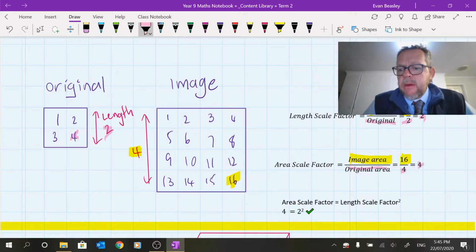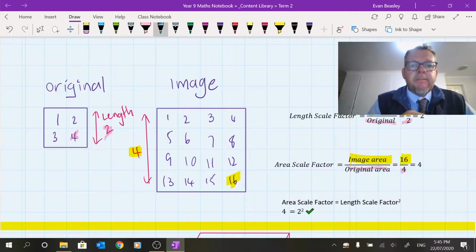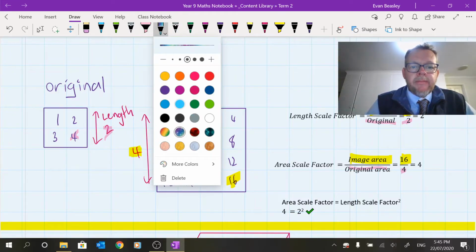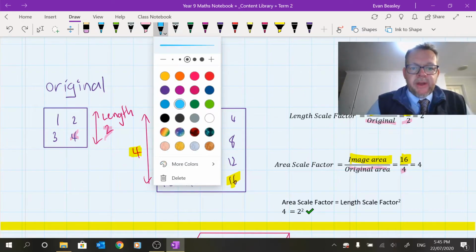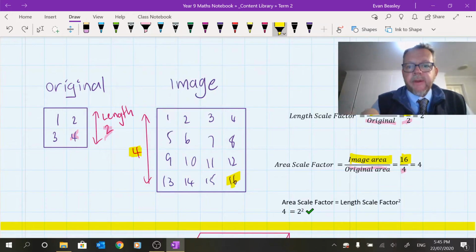Now our area scale factor is what? 16 divided by 4. My area scale factor, 4, should equal the square of the length scale factor.